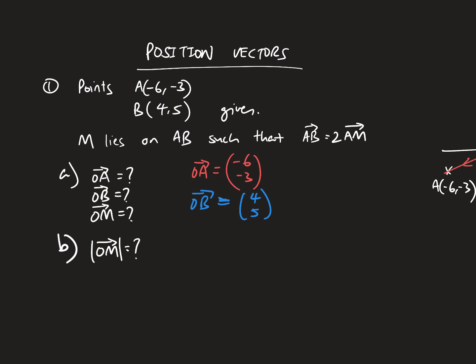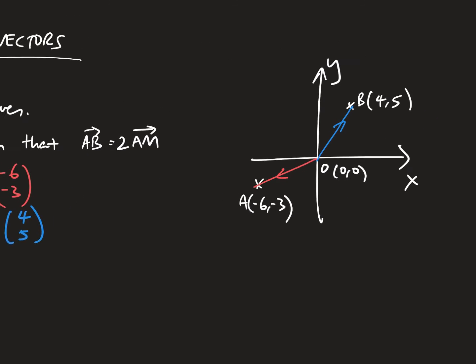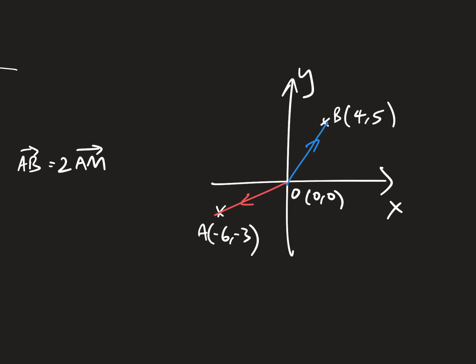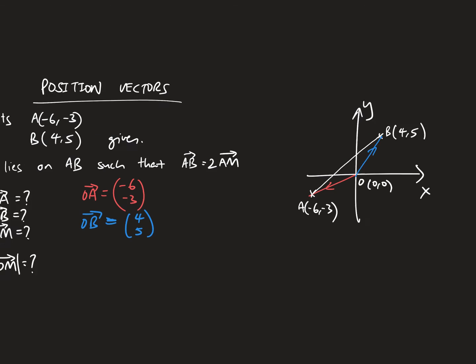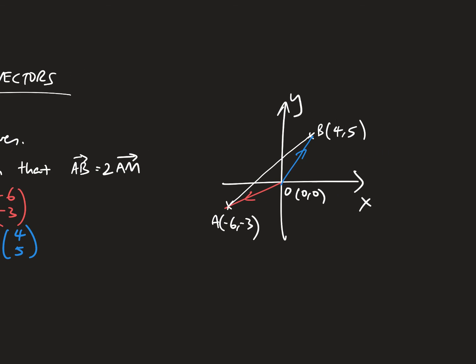Okay, now we get to point M, and we see that M lies on AB. So let's construct AB first. Let's say AB is a line that looks like that, and M lies somewhere on this line such that the vector AB equals 2 times AM.